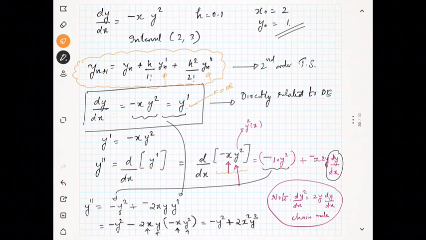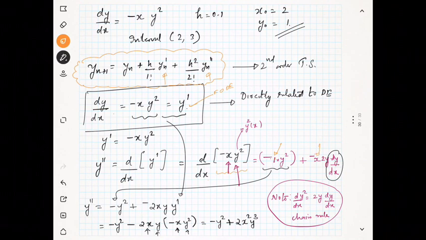So we will first differentiate with respect to x. If you differentiate x with respect to x, it is nothing but 1, so this is minus 1, then the remaining thing is y square, so we put y square, plus we keep x as such.